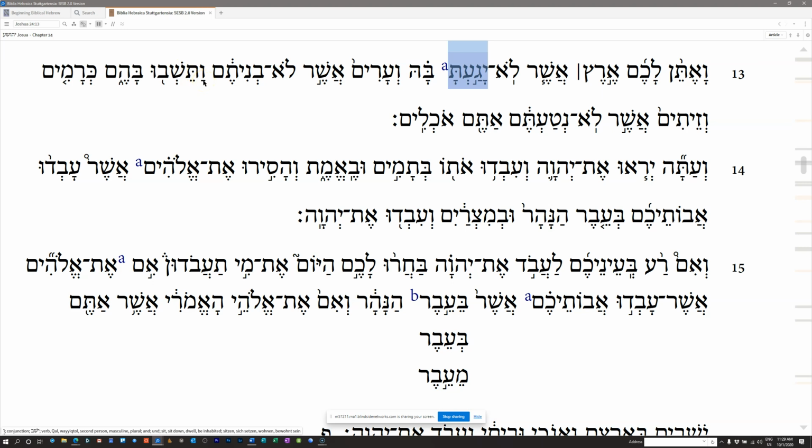So here, the function of this Vav relative, okay, and you have dwelled in them. It's almost like this is a result clause rather than a separate idea.